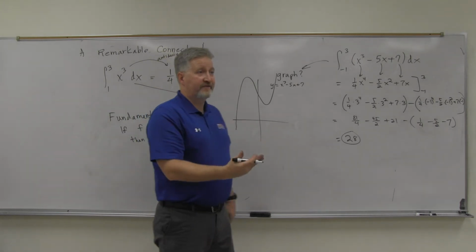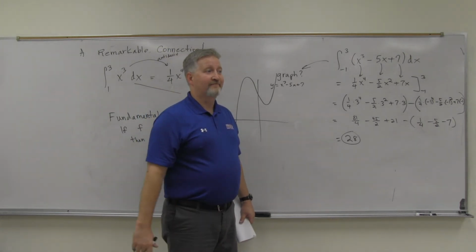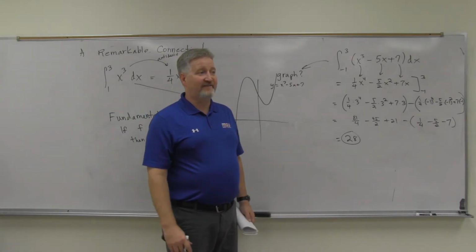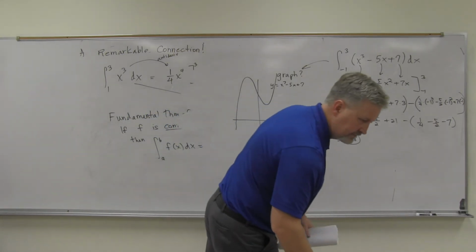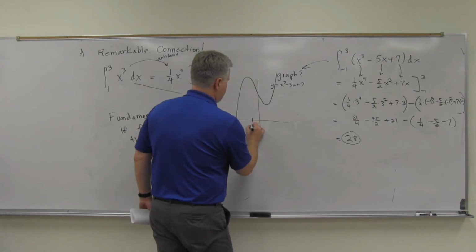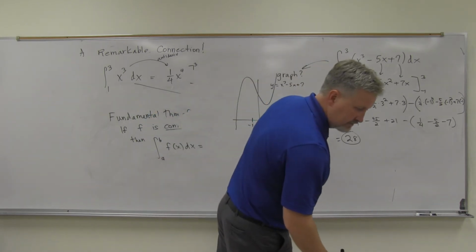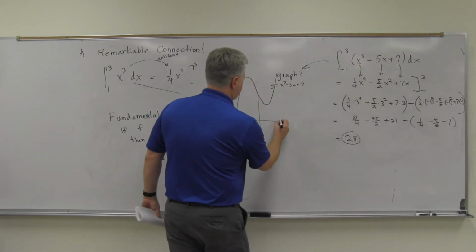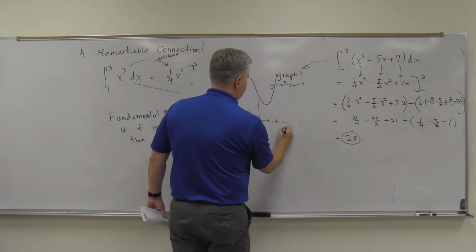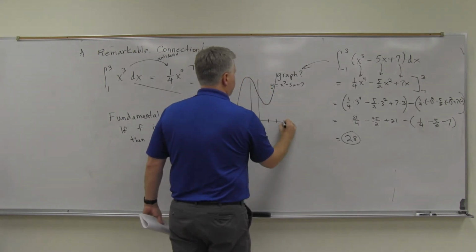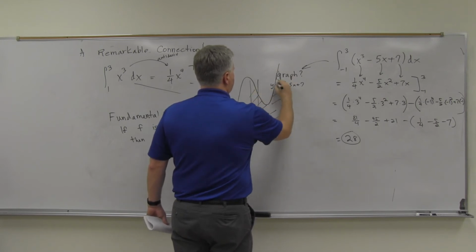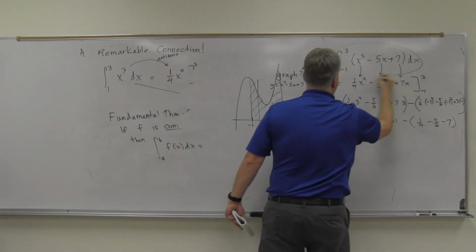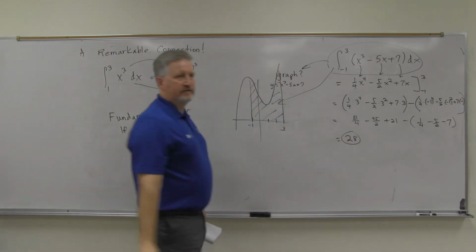Well, again, the integral represents what? It's the area between the curve and the x-axis, net area. So from -1 to 3, we're talking this area right here. That's what this integral is. That area is 28.